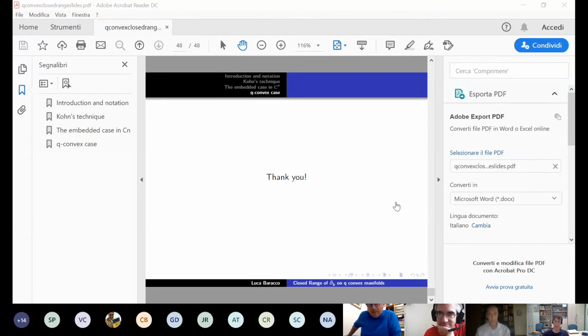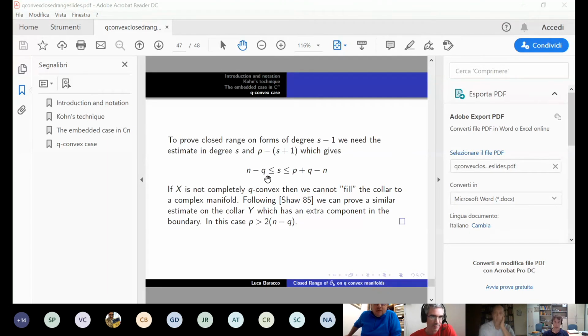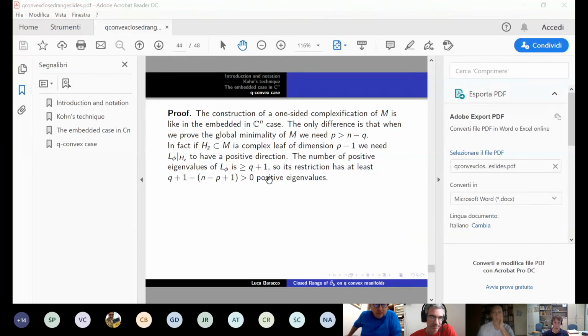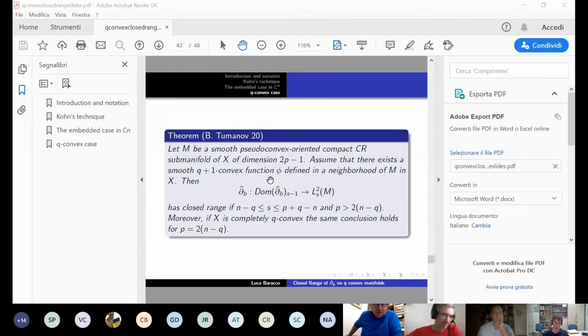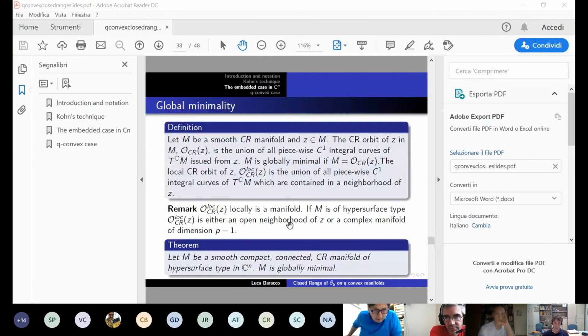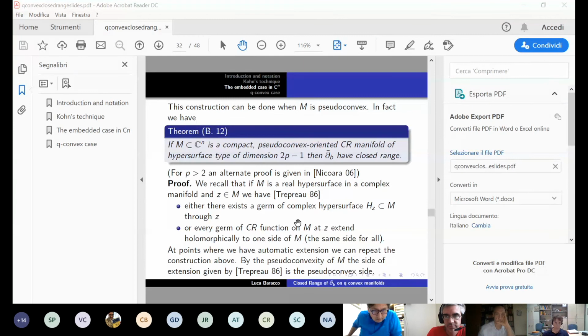So my question is just a curiosity about the same theorem mentioned before. Could you perhaps put back that slide where you have a CR submanifold of real hypersurface type, and the conclusion is that the d bar b operator has closed range? Okay. This one? Yes, that's the one.